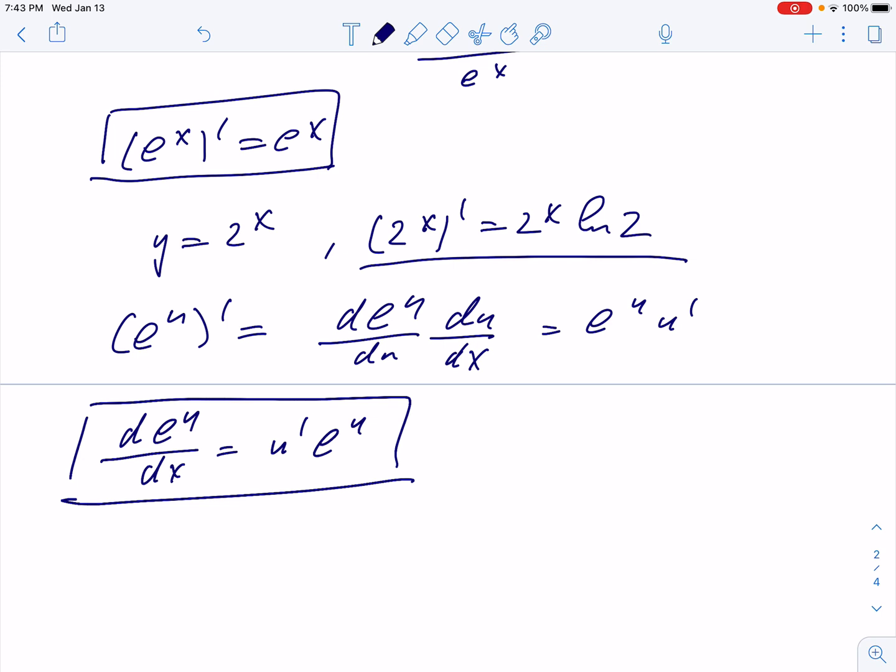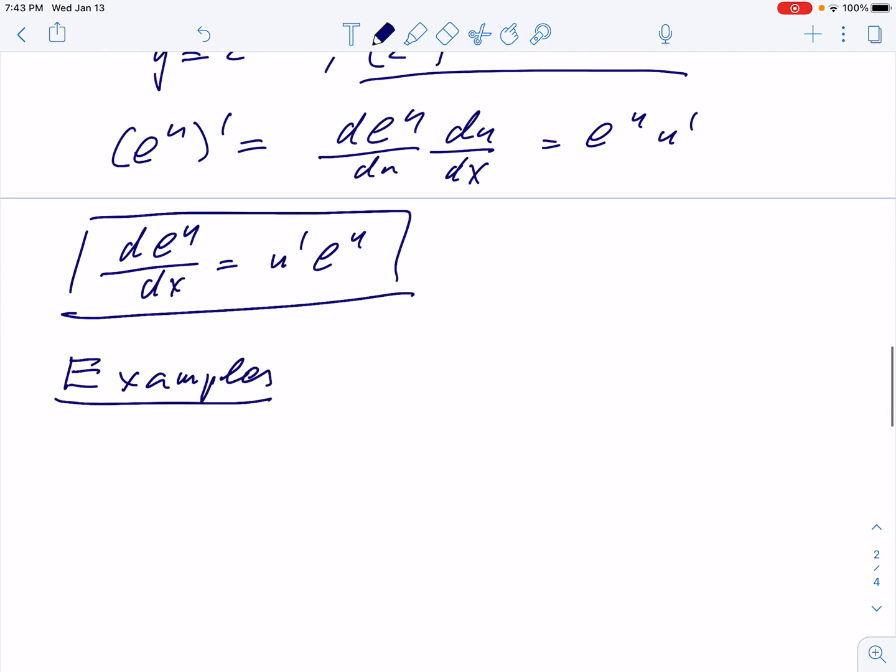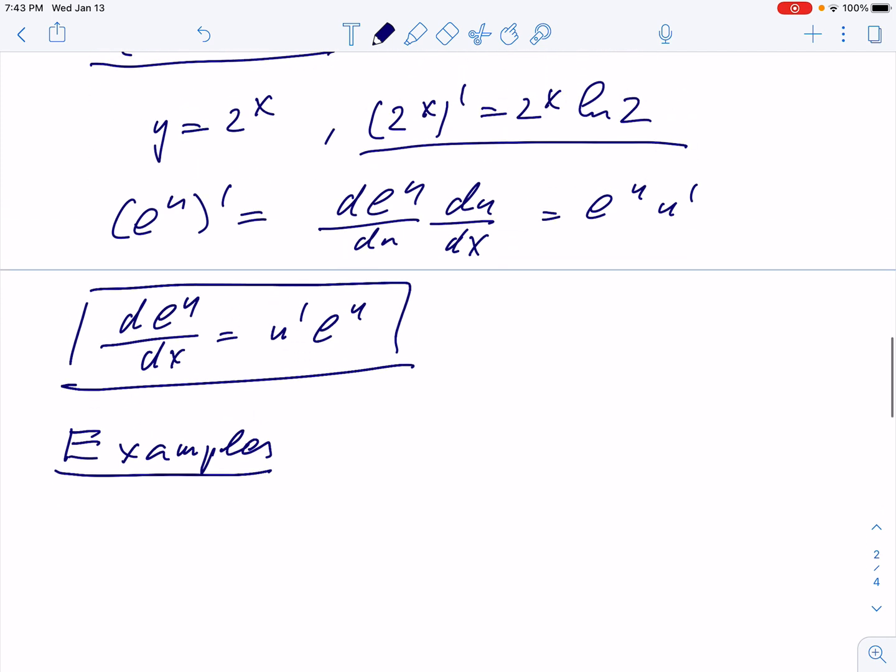Now, I want to do some examples from the book, starting with something very simple. For instance, example 2b. Remember, we have section 6.3 star, darker pages.